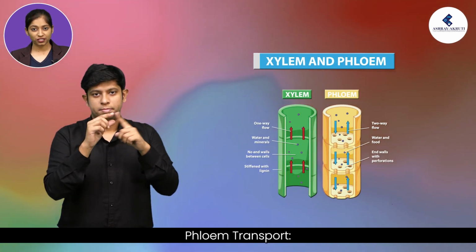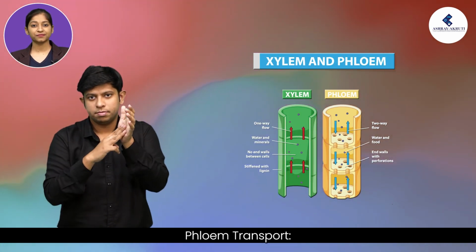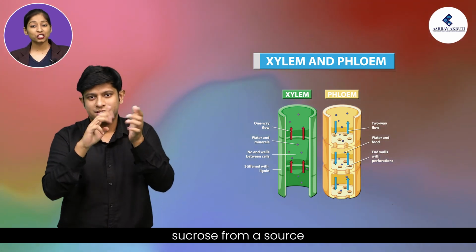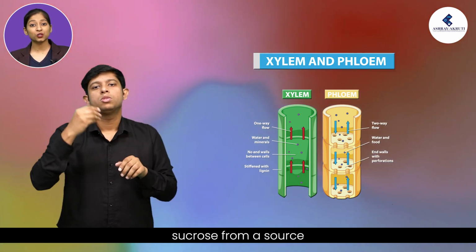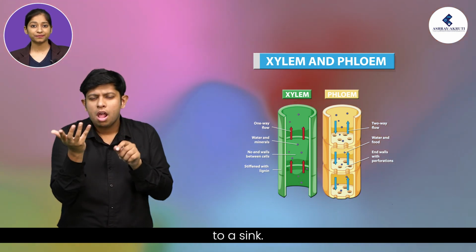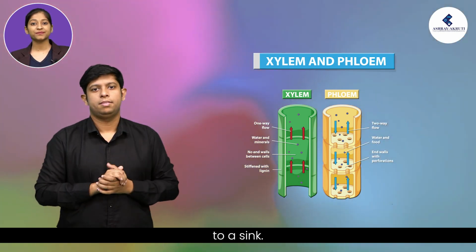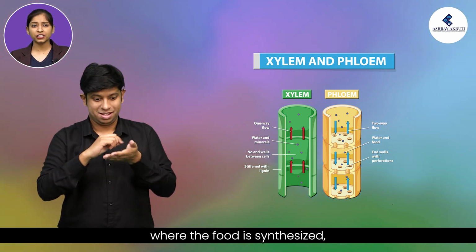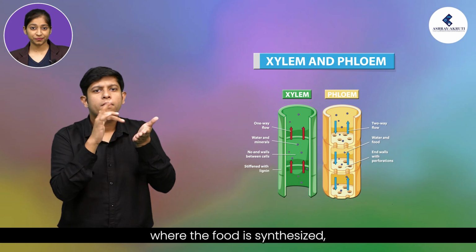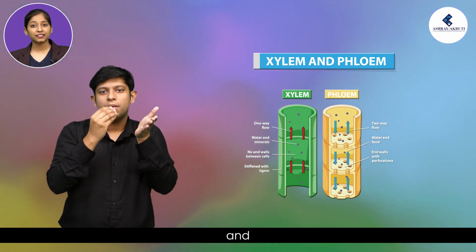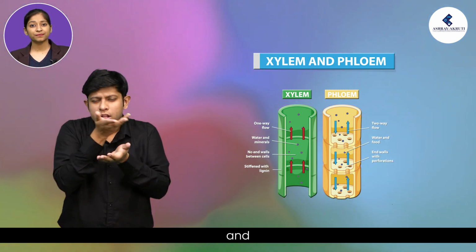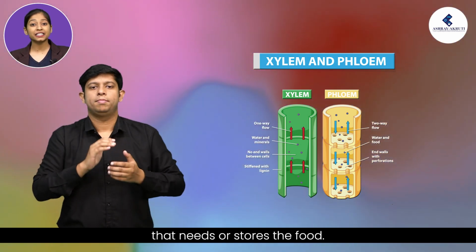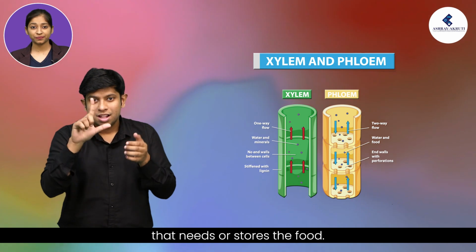Phloem transport. Phloem transports sucrose from a source to a sink. The source is the leaf, where the food is synthesized, and the sink is the part that needs or stores the food.